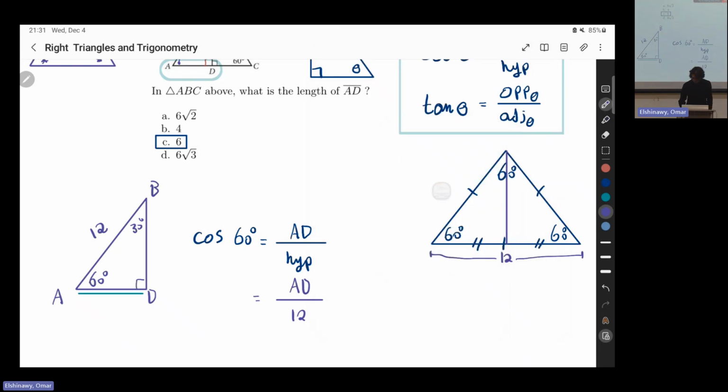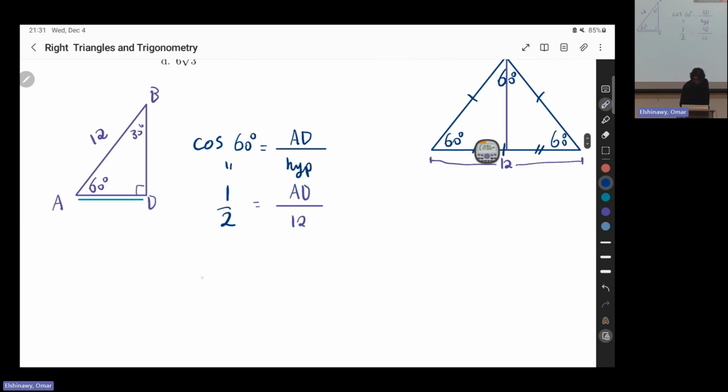At some point there are infinitely many degrees between 0 and 90, and you just get to know them. Cosine 60 is half, and AD over 12 is half.